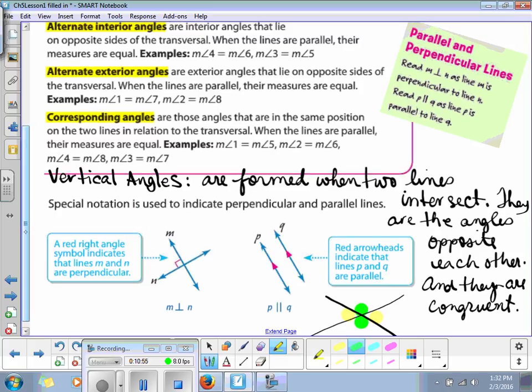Those two angles that are opposite each other are called vertical angles, and they are congruent.